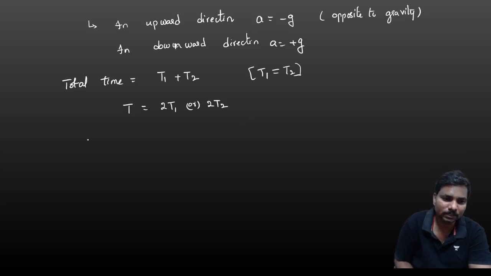That means the total time t is equal to 2 times the time of ascent.